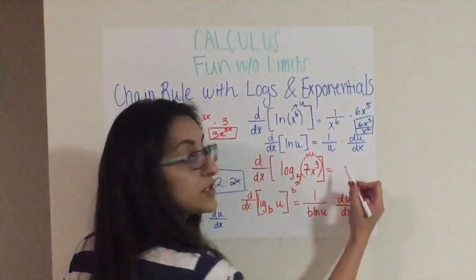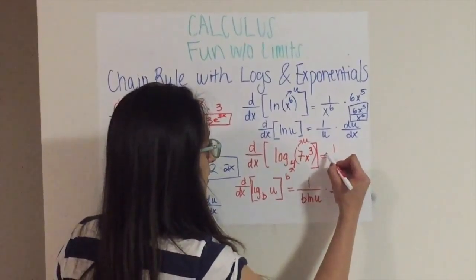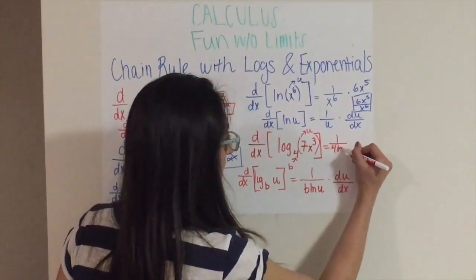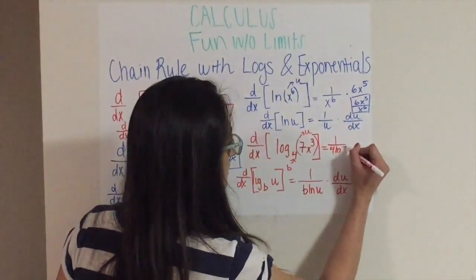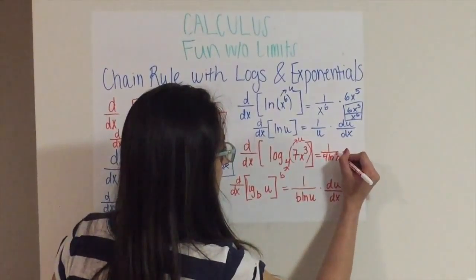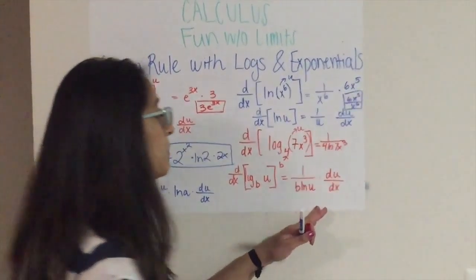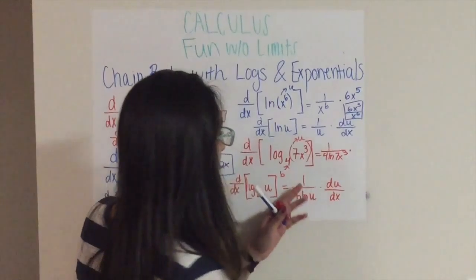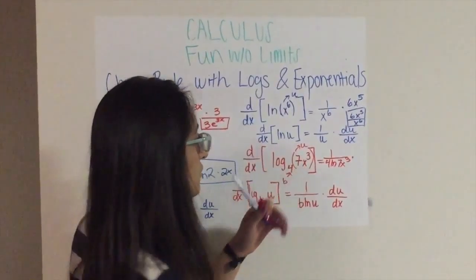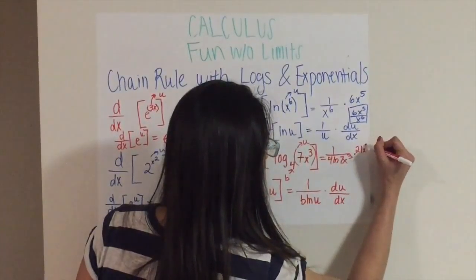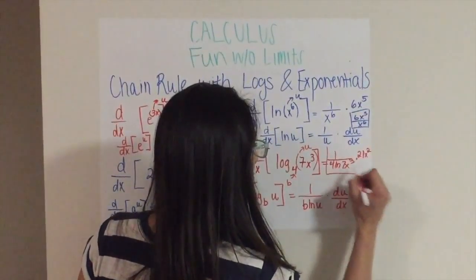So first, we have 1 over b, which is 4, times the ln of our u, 7x cubed. And now for the chain rule portion, taking the derivative of 7x cubed, which becomes 21x squared. And that would be your answer.